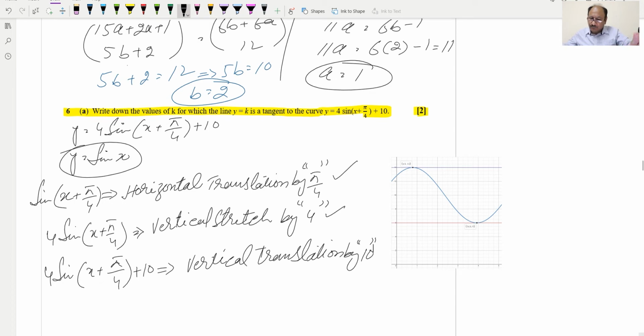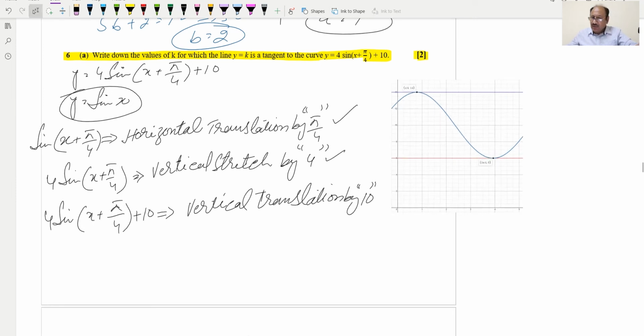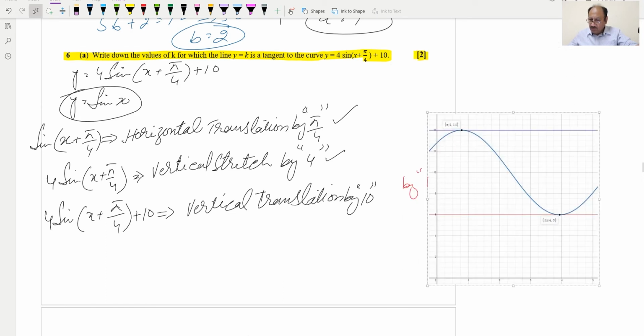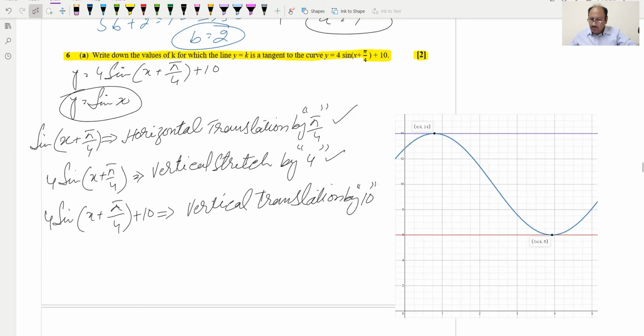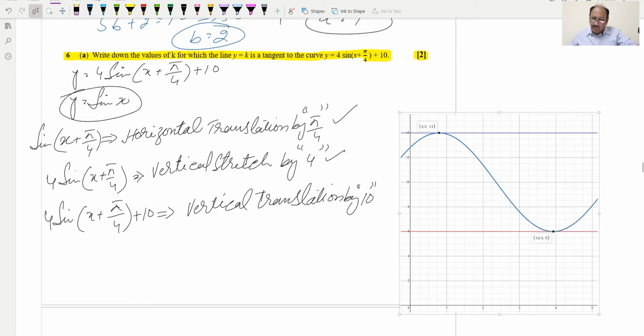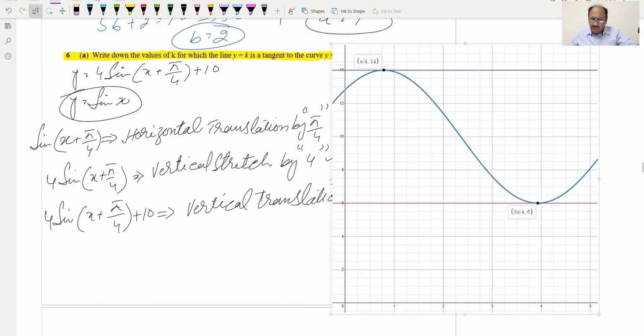Now normally sine graph is having the maximum and minimum point basically at 1 and minus 1. So 1 and minus 1 we have to translate. So I will bring to front, and then we will solve this one. If you check this, this is normal graph is at 1.